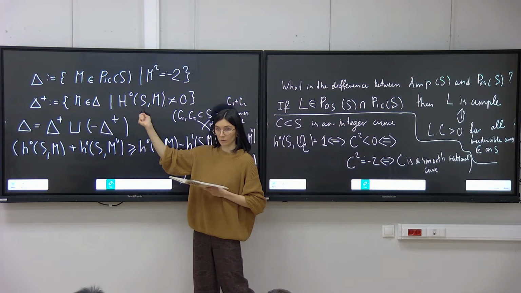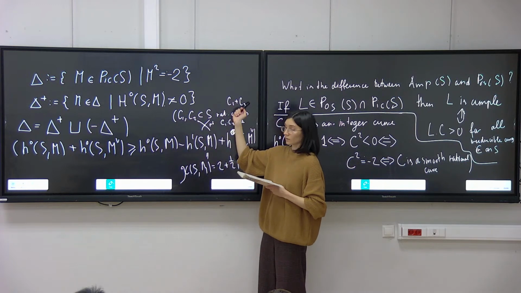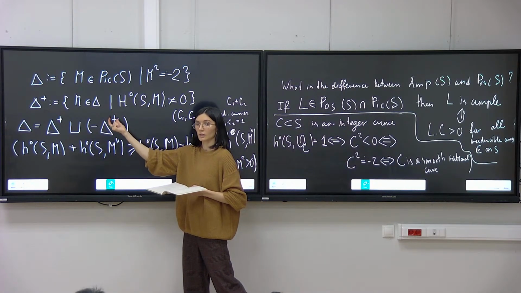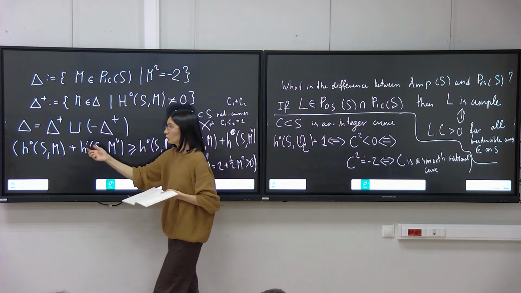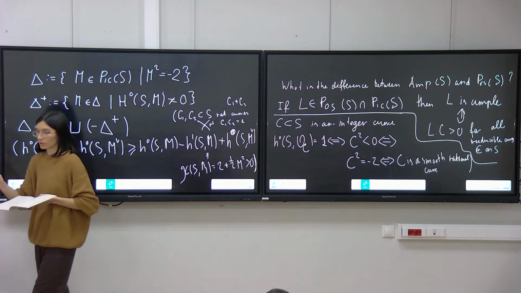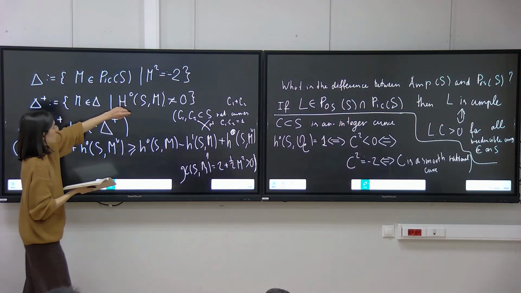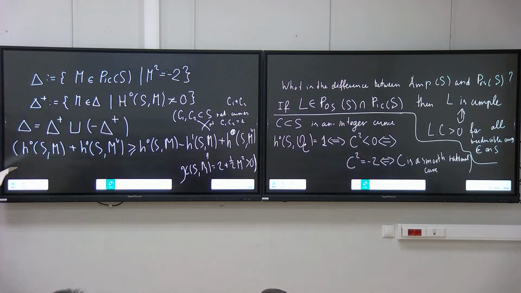The corresponding line bundle has a non-trivial global section, and its self-intersection is -2. So it contains all rational curves, but can also contain something more. Note that there are some cases when there are no rational curves on a K3 surface. But in any case, we can consider this set. Okay.